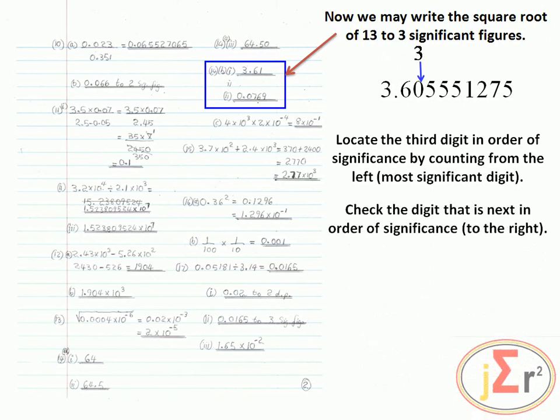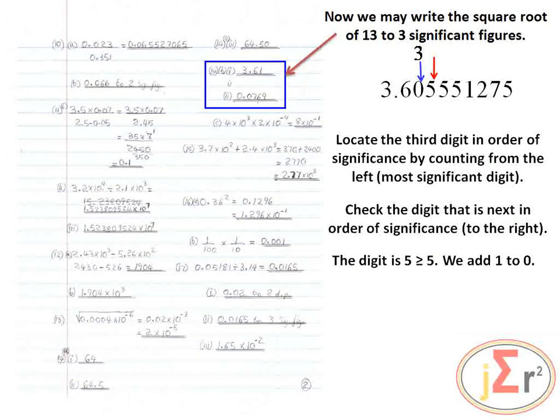Check the digit that is next in order of significance, to the right. The digit is 5, which of course is greater than or equal to 5. So that's what we are checking for. If the number is greater than or equal to 5, then we will add 1 to the digit in question.